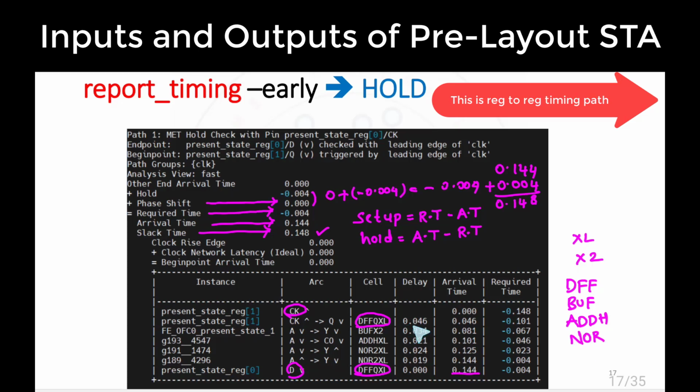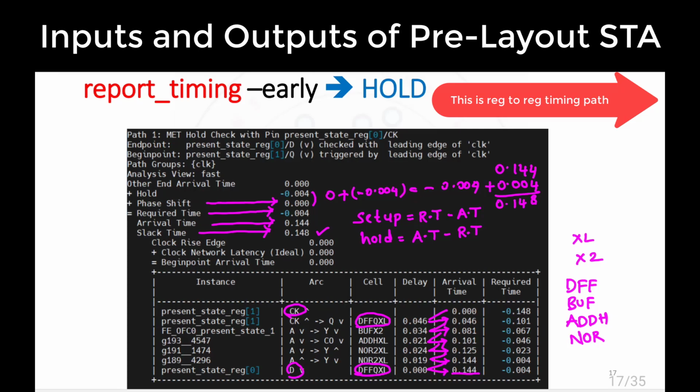Here this will give the delay of that particular cell, and this is the total arrival time that will get calculated. Initially 0 plus 0.046 will give this value, again 0.046 plus this value will give 0.081, then this one plus 0.21 will give 0.101 plus this, and so on, like this the value will get calculated, and these are the required times.